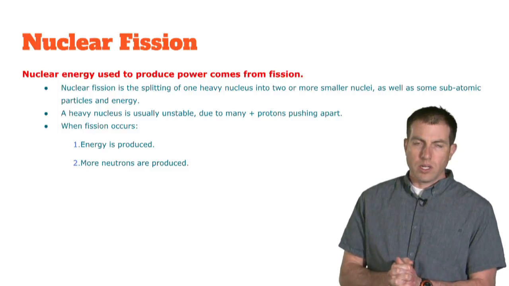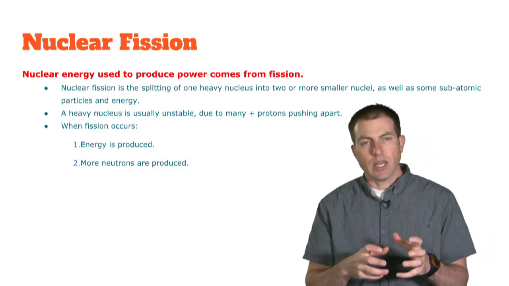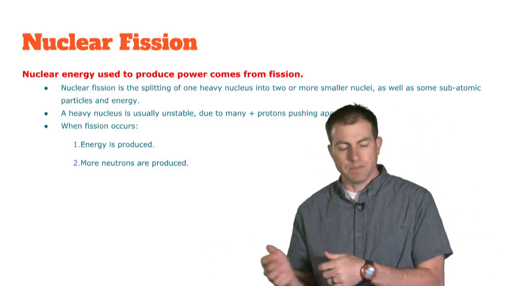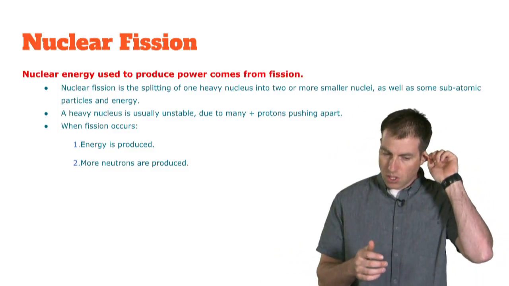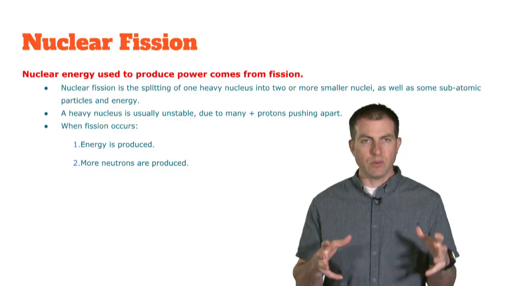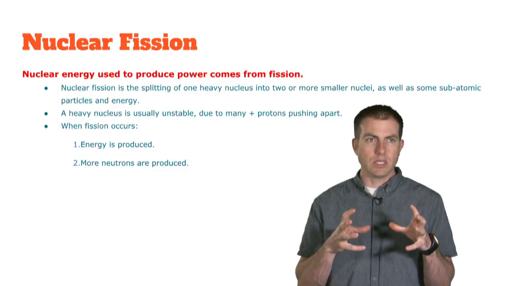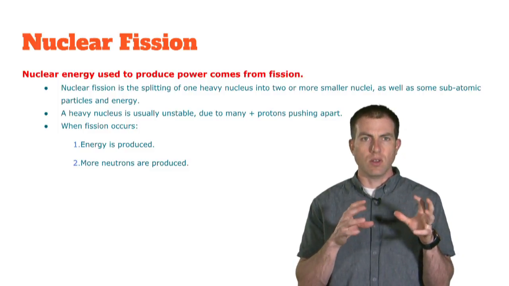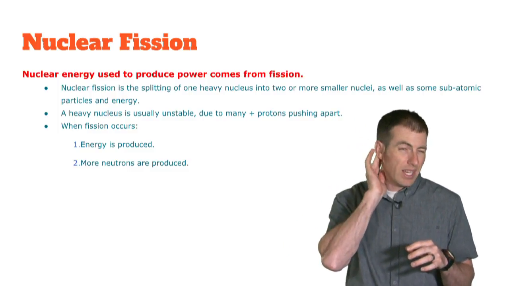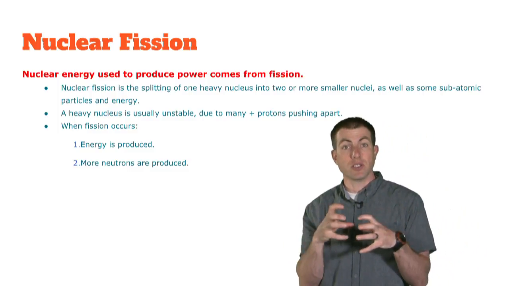So we're going to talk a little bit about nuclear fission first, and then we'll talk about fusion second. Different concepts. Basically, when you get really heavy atoms, really big ones, you have so many protons in the nucleus, all those positive charges, and you'll remember, hopefully, that like charges repel one another.